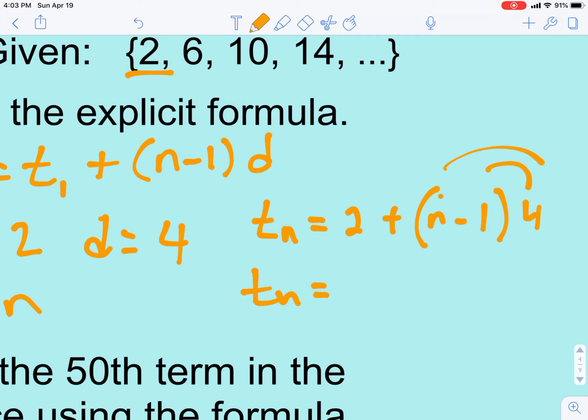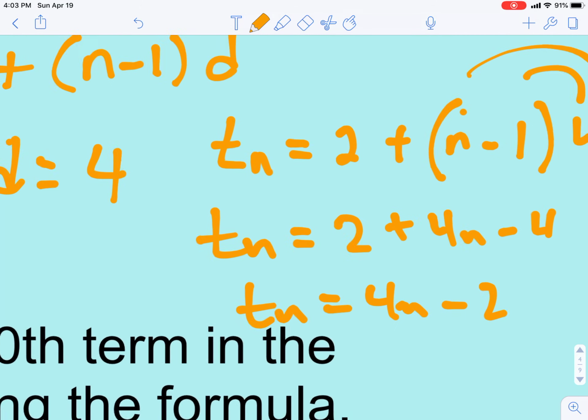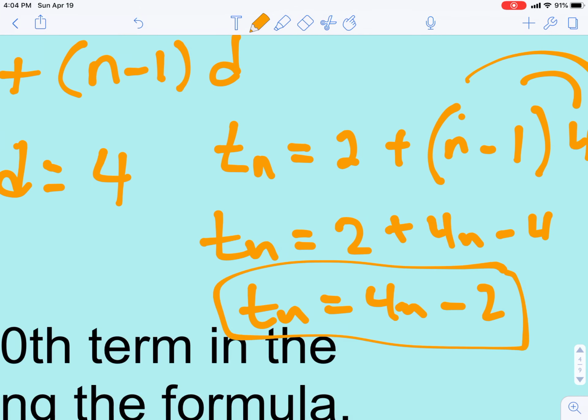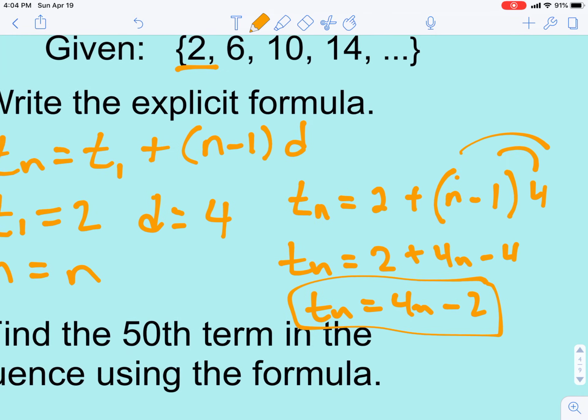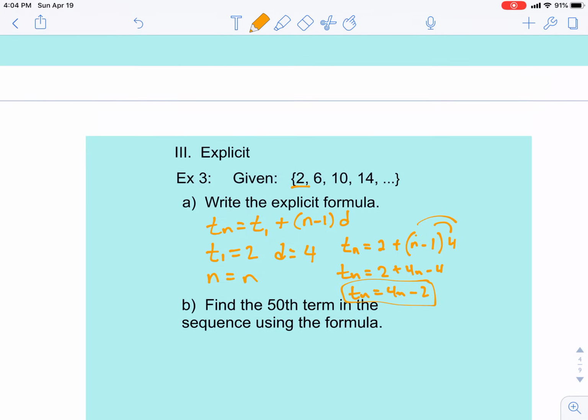So that's going to be 2 plus 4n minus 4, and then t of n is equal to 4n minus 2. All right, so that's slope-intercept form right there. This bad boy right here is slope-intercept form. Again, I wanted to link that back to what we were doing earlier with our graph.